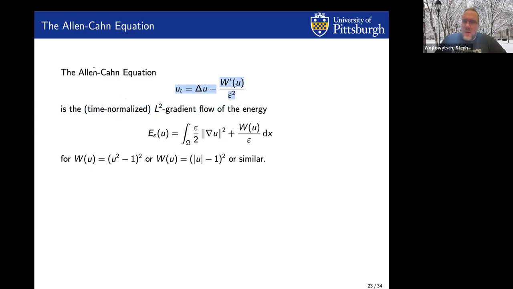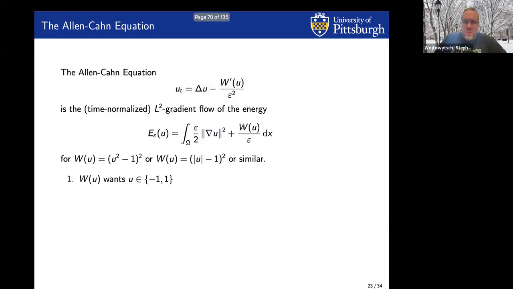So the Allen-Cahn equation is a gradient flow, which is based on this kind of energy. Here, we've got two terms. We've got a gradient squared, and we've got an integral of a function of u. So W of u, think of absolute value of u minus 1 squared.